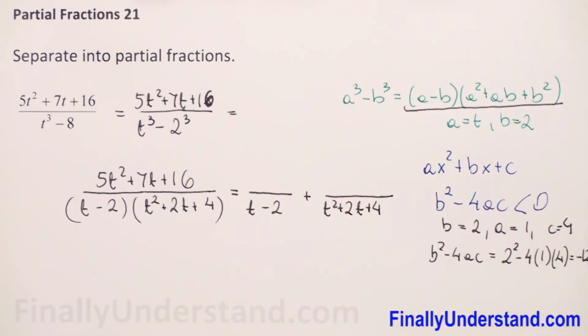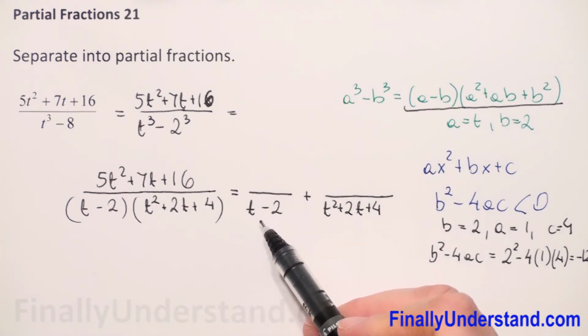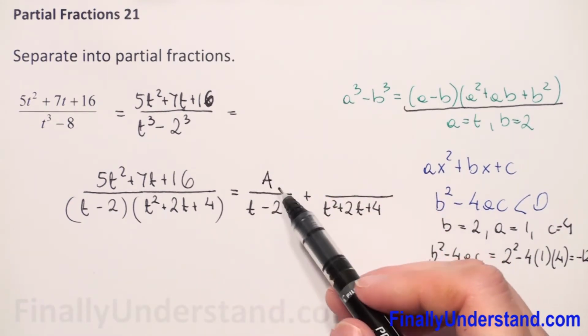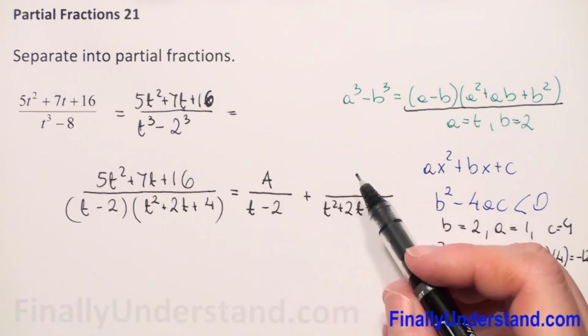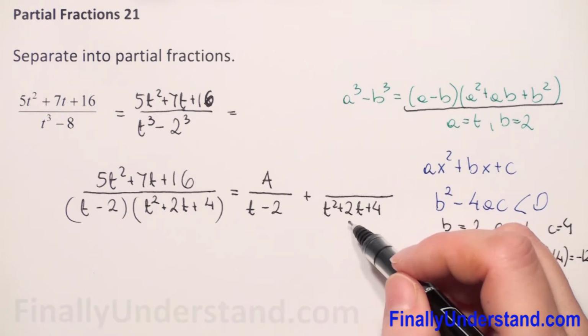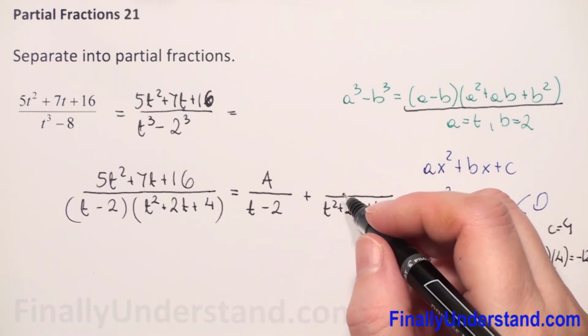In this example, in the denominator, first we have a linear factor. So when we have a linear factor, in the numerator we have only a constant, which we have to find.